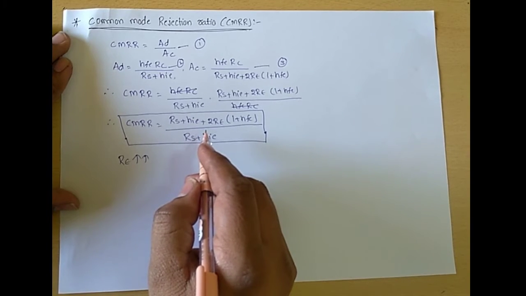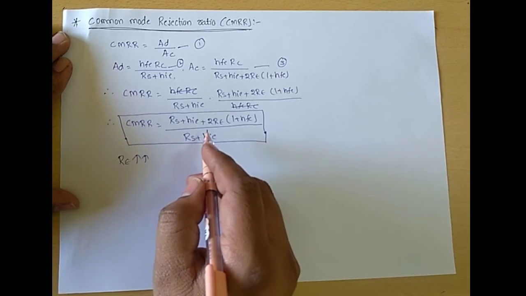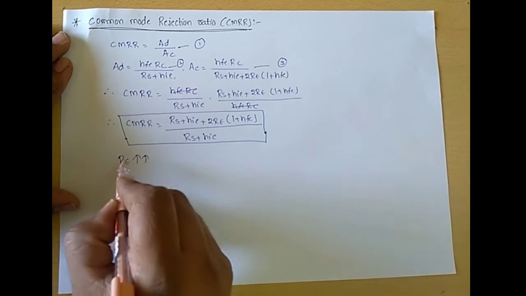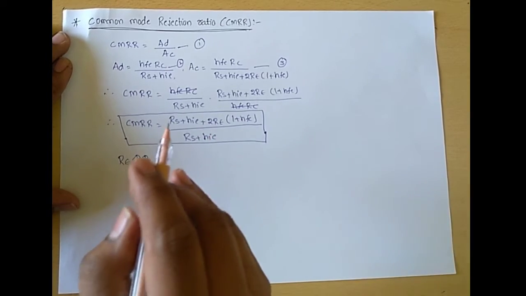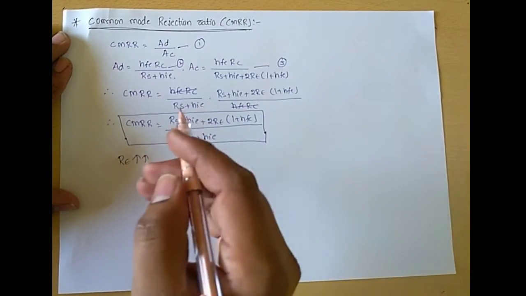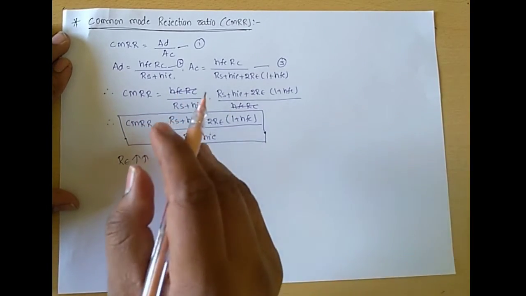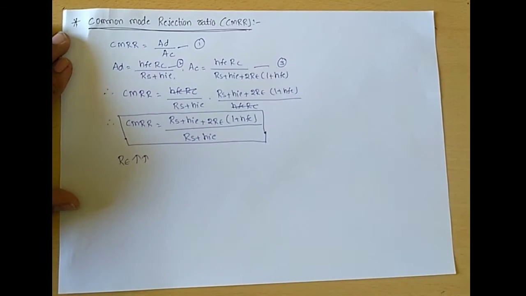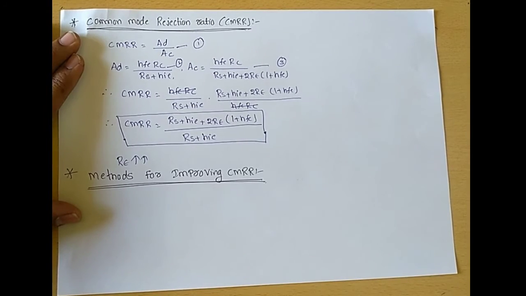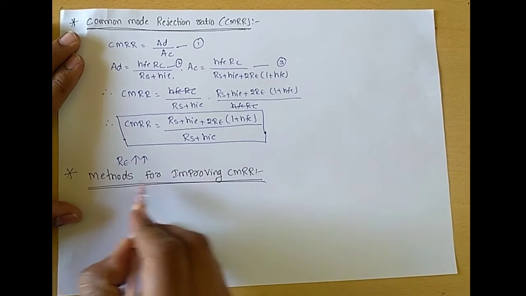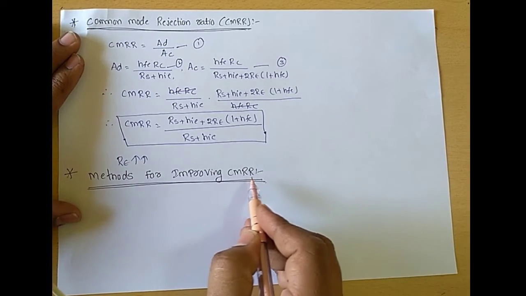So in this differential amplifier, we definitely maintain the RE value large. In this way we are estimating the common mode rejection ratio of the differential amplifier with respect to the hybrid model. Next we are studying the methods for improving CMRR.